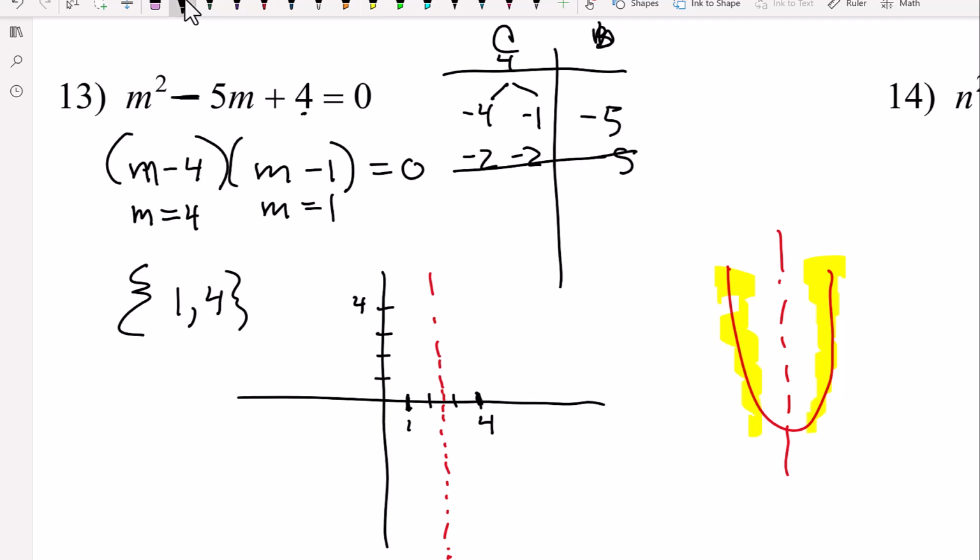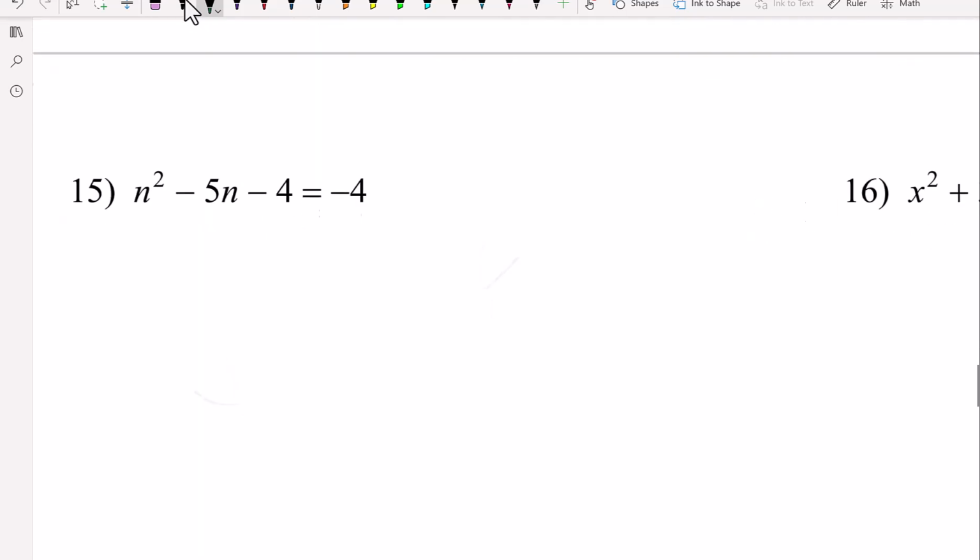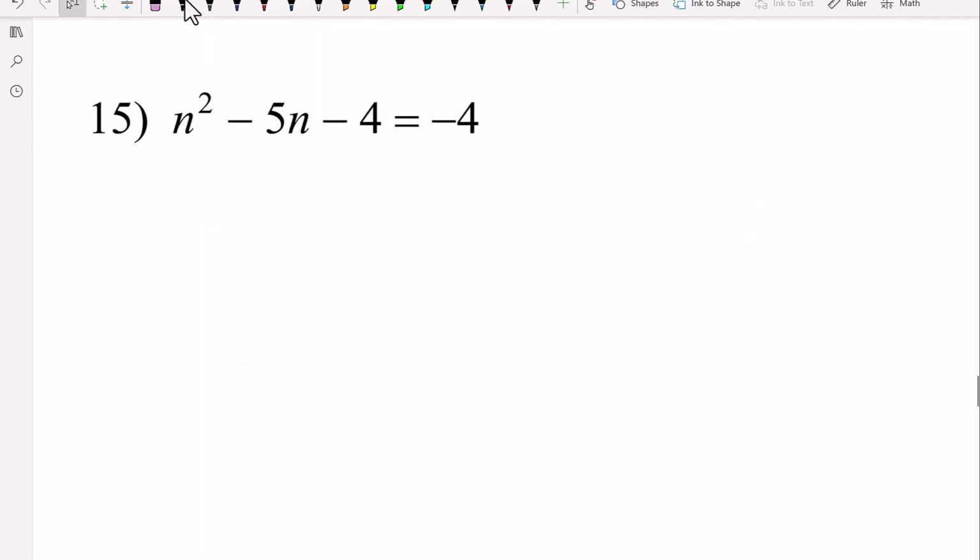If you were to fold that over a piece of paper, both sides would lay right on top of each other. So we know it's going to touch here, here, and here. One away from, one away from, so that's going to be that height. And then halfway between, I don't know what it's going to be. We're not doing the vertex yet. I'm going to say maybe about there. Ta-da!